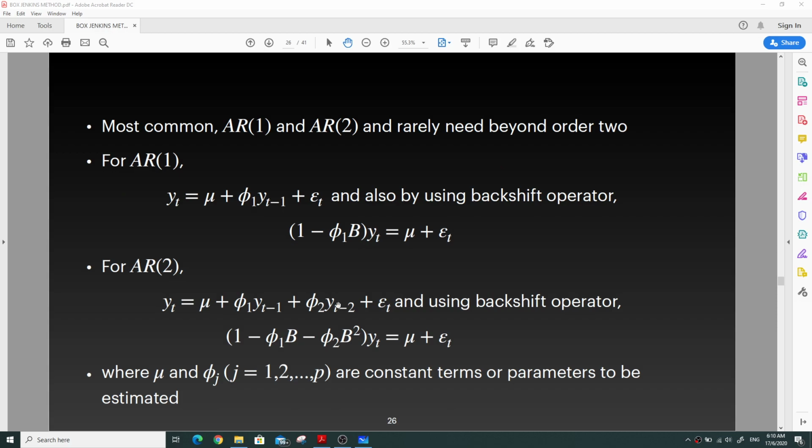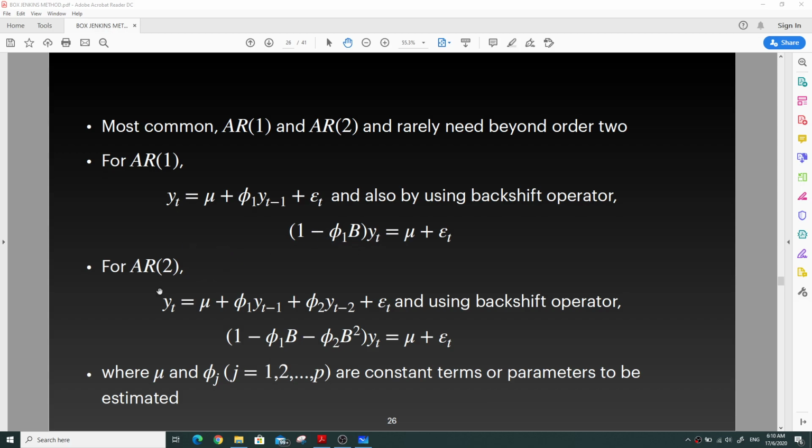When we perform AR models, your textbook mentions that we actually need to go beyond order 2. For this example, for AR(1), this is the equation that represents AR(1): phi1 y(t-1) plus epsilon t. When we write it using the backshift operator, this is the form.